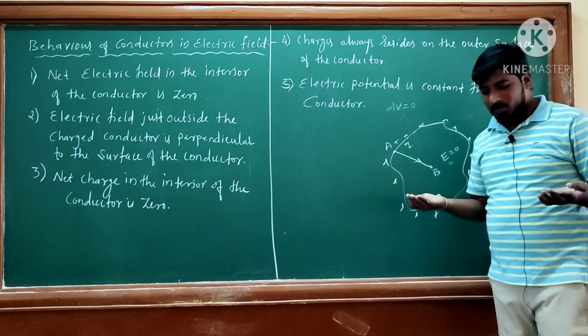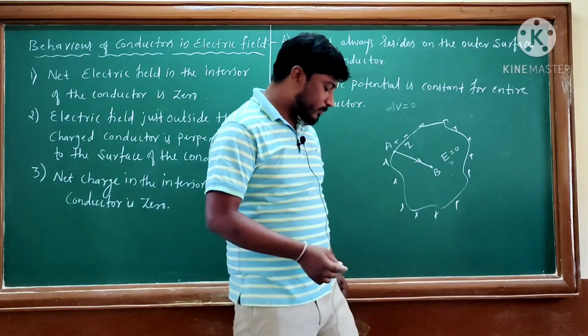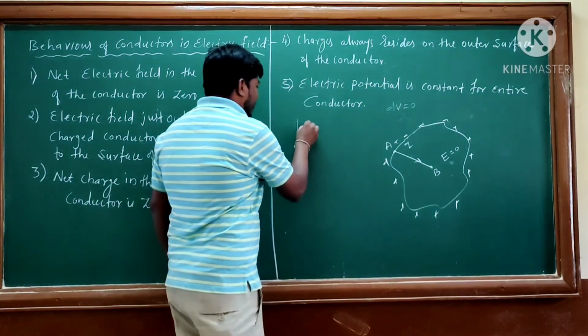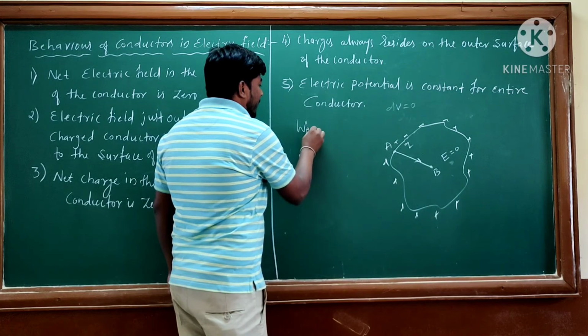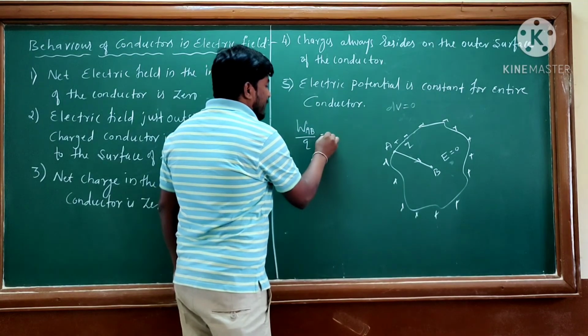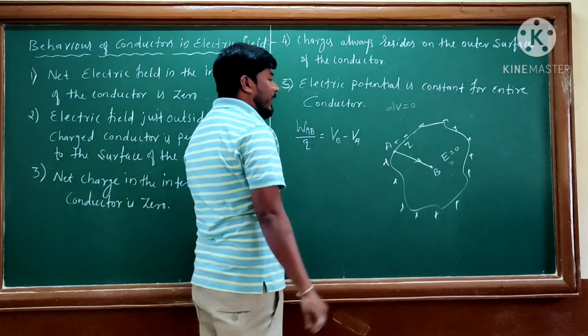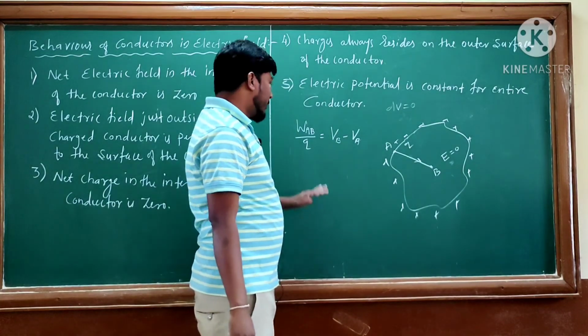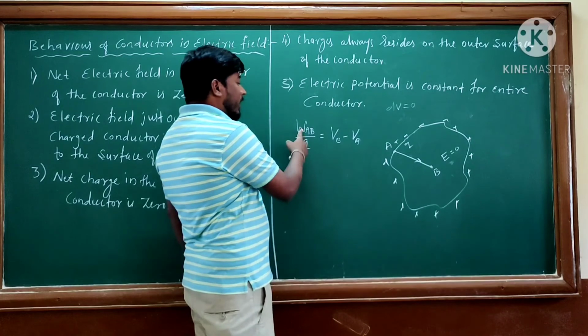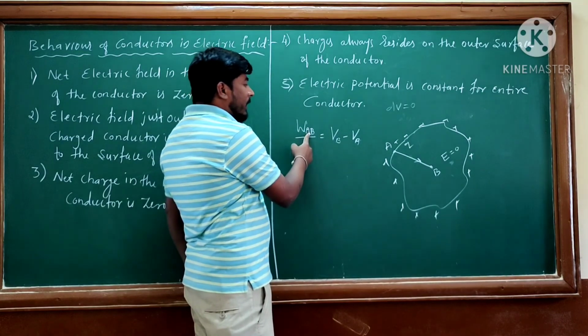Work done is 0. So we write W_AB by Q is equal to V_B minus V_A.